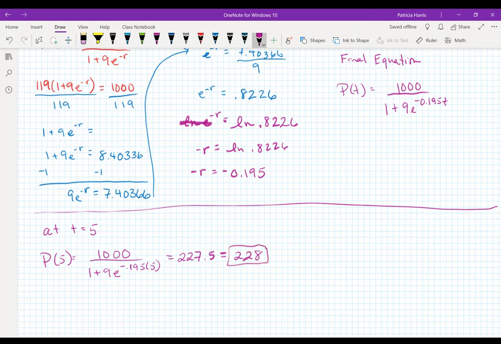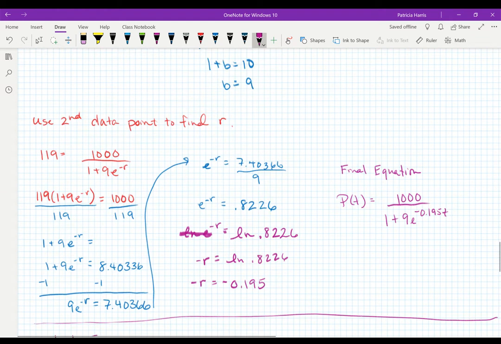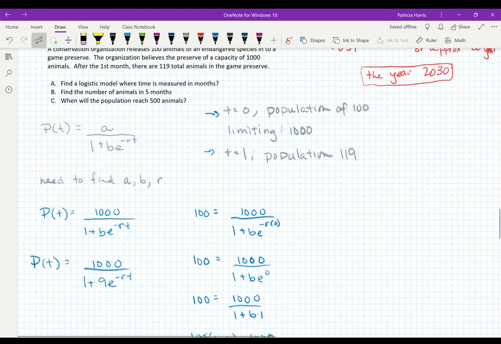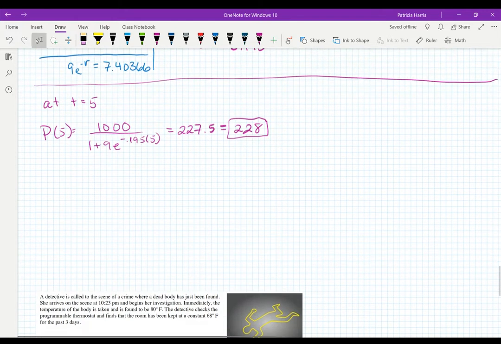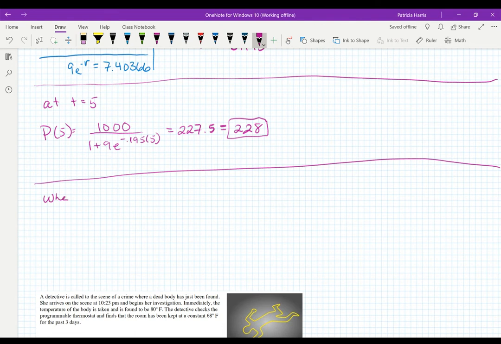Okay, all right. So the last part of our question is, when will the population reach 500 animals? This one's a little bit harder, because now you're solving for t.